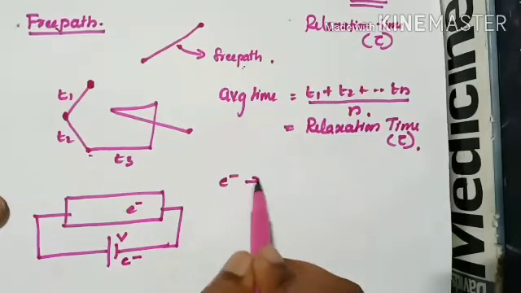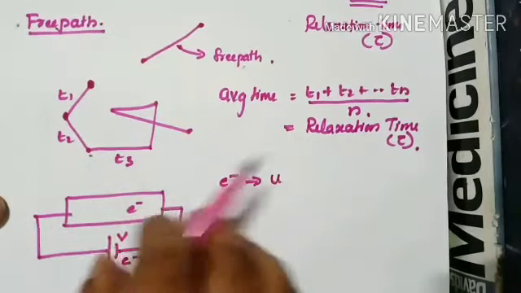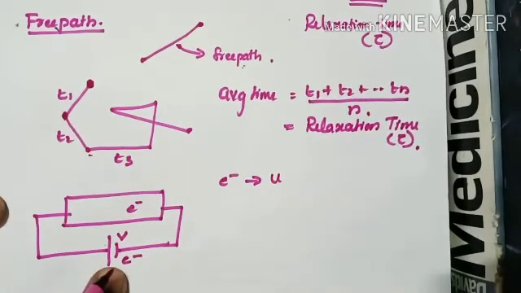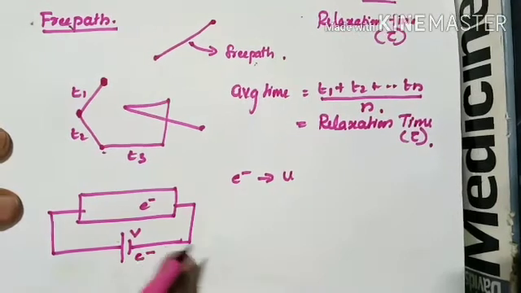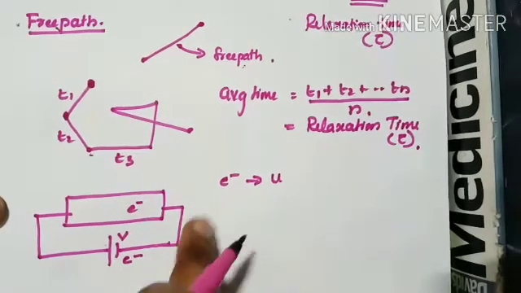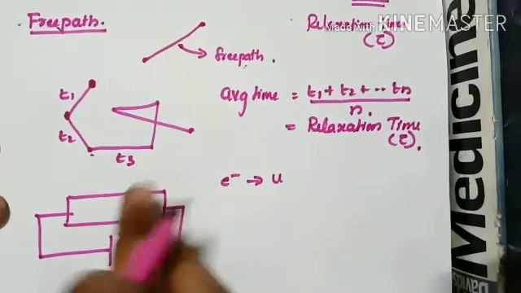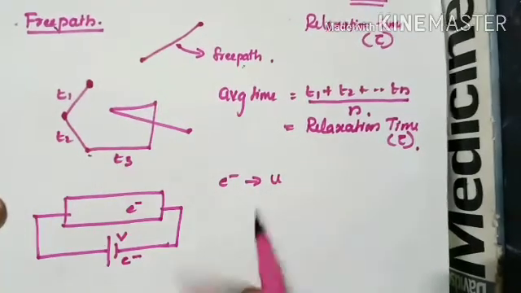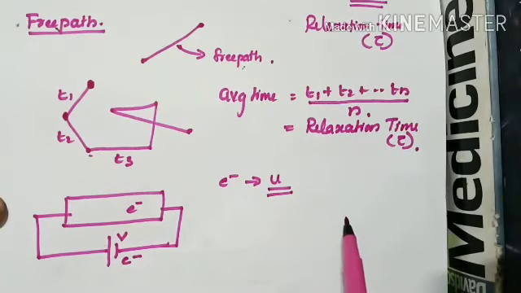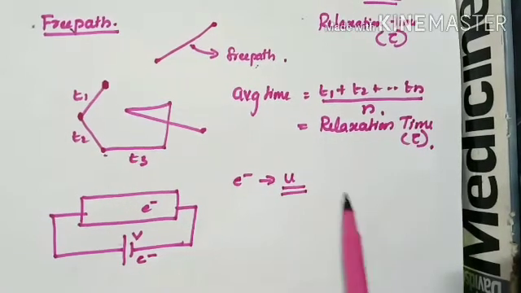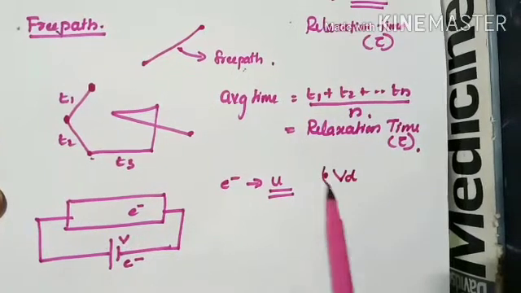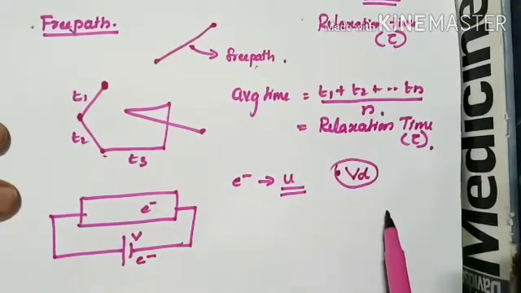Initially the electrons were having thermal velocity when they were not connected to a supply. When connected to the supply, the supply provides electrons from the negative terminal and thus pushes the electrons towards the positive direction. So other than the thermal velocity, they get an additional velocity, and that velocity is known as Vd, or drift velocity.